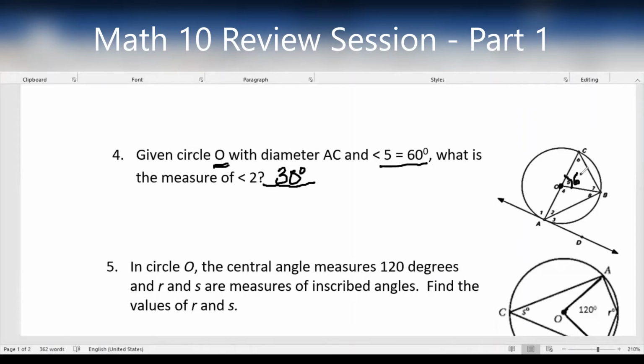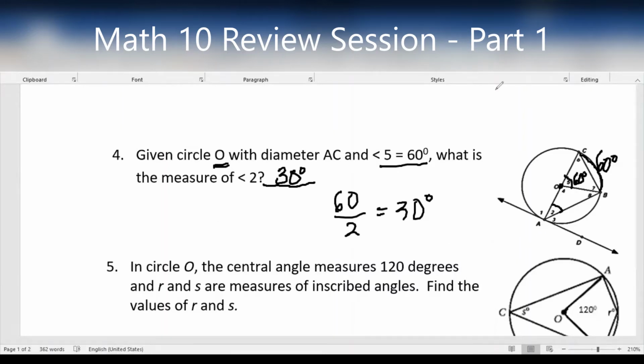If the central angle is 60 degrees, the intercepted arc is also 60 degrees. So for angle 2, simply divide 60 by 2. The answer is 30 degrees. I hope you got that. Thank you, Farah. Very good.